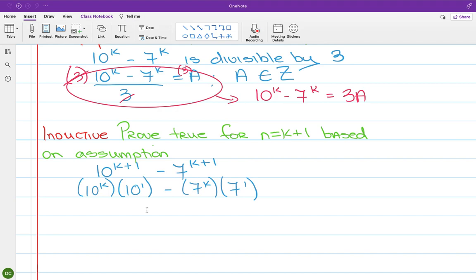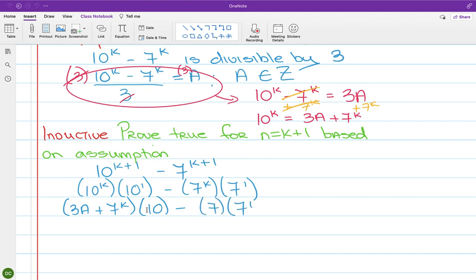And then if I rearrange here, so if I plus 7 to the k and plus 7 to the k, I get 10 to the k equals 3a plus 7 to the k. I'm going to sub that in. So this is 3a plus 7 to the k times 10 minus 7 times 7 to the k, if I just switch those around.